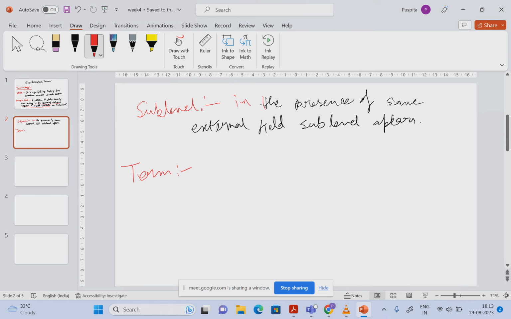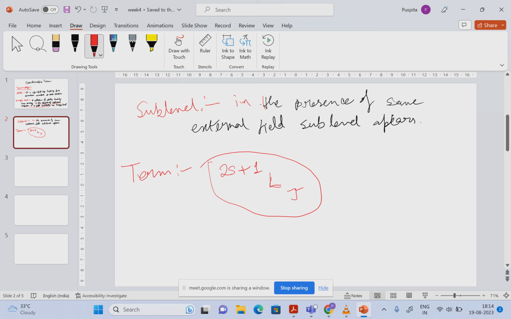A spectroscopic term is defined by this: 2S plus 1 L J. So when you want to write a specific energy level, you write that level with this nomenclature. This is called a spectroscopic term.